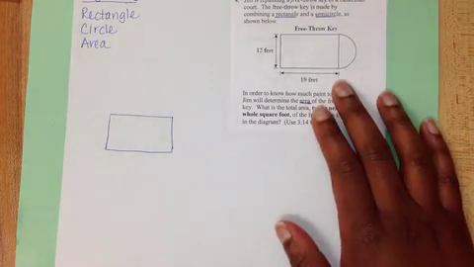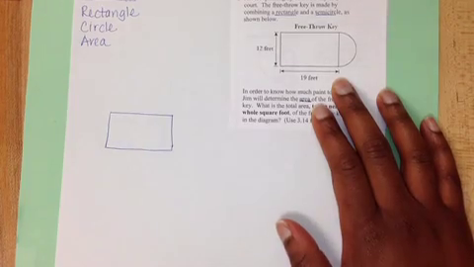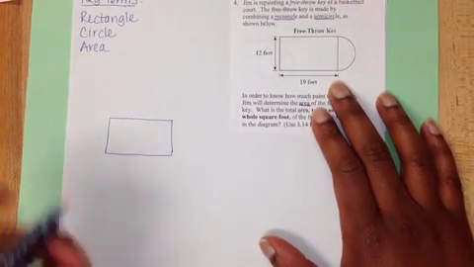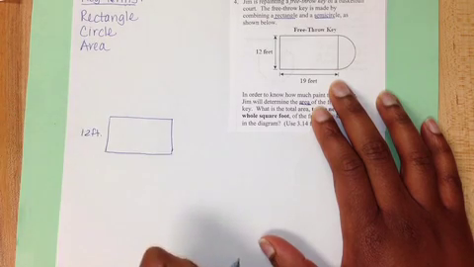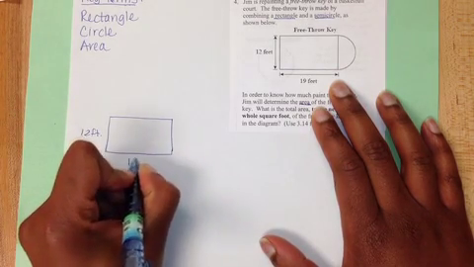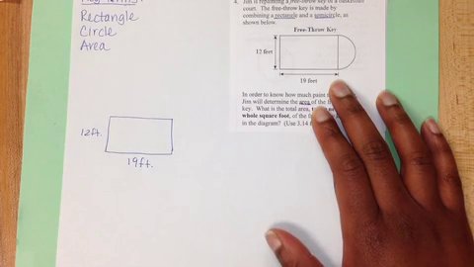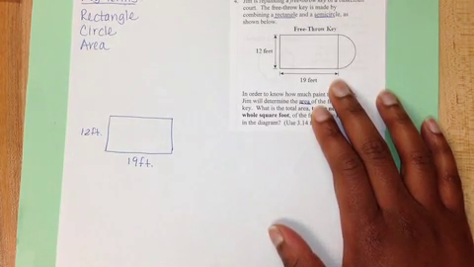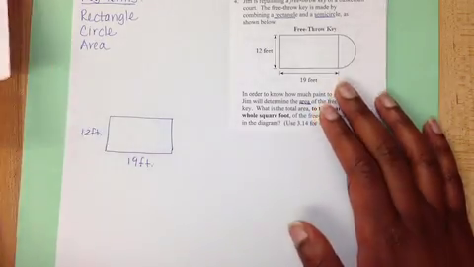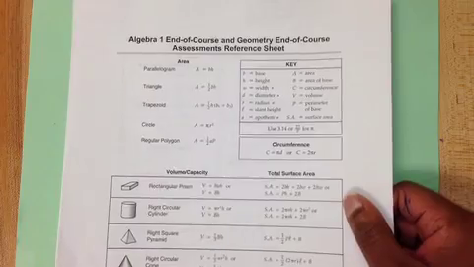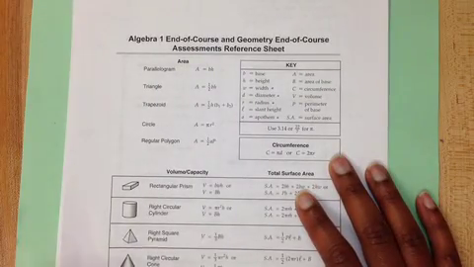Now that we have the rectangle, we're going to label the given information. The information that's given is that we have 12 feet here as our height, and 19 feet here as our base. If we know we're dealing with area and we have a rectangle, then we can reference our reference sheet to find the formula for the area of a rectangle.